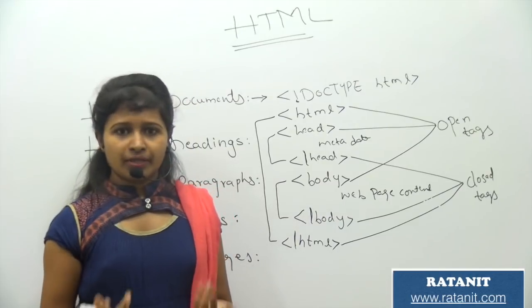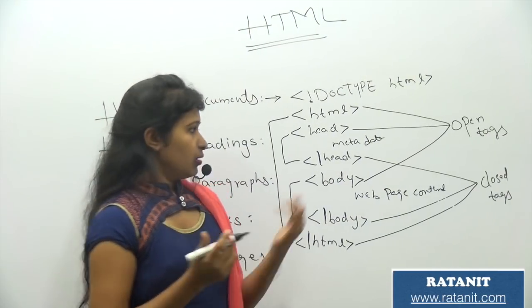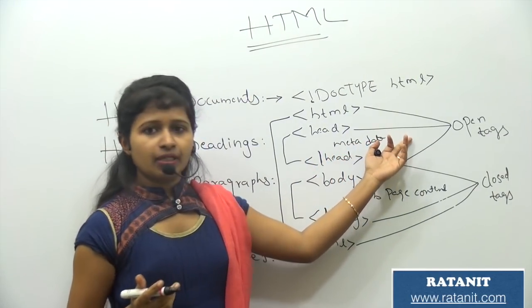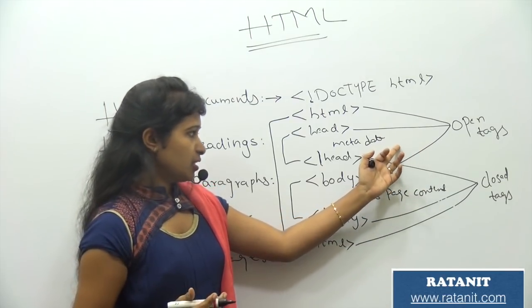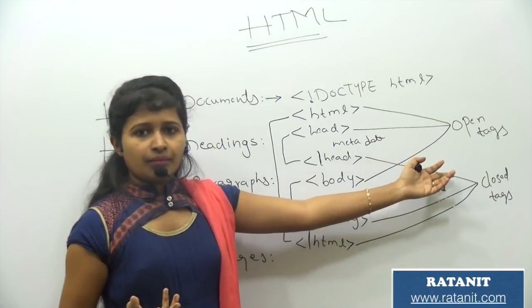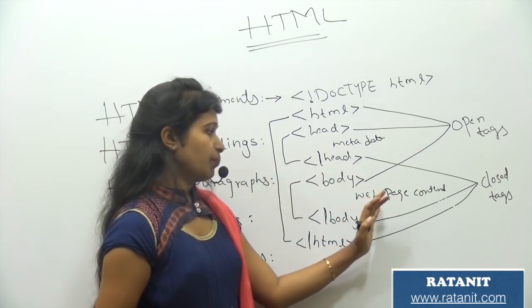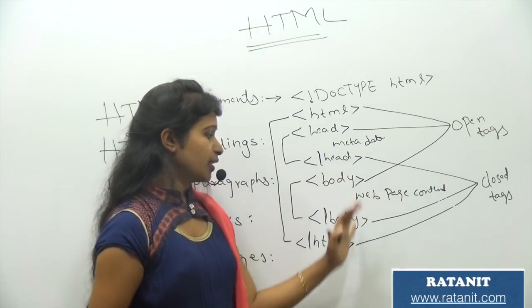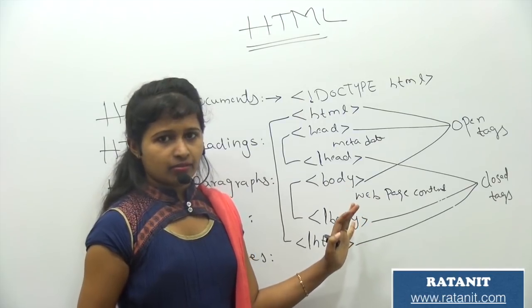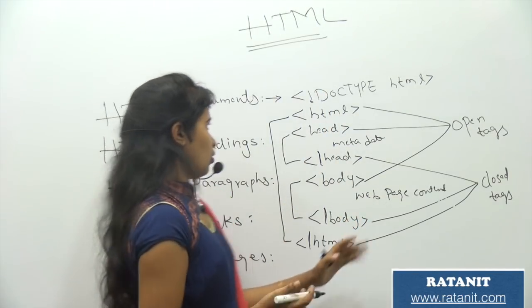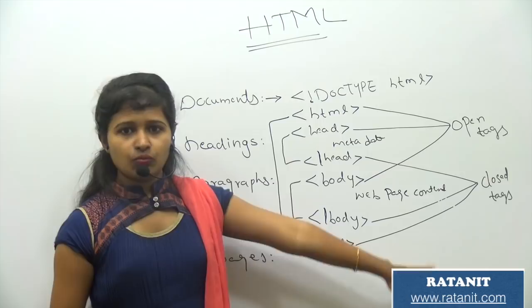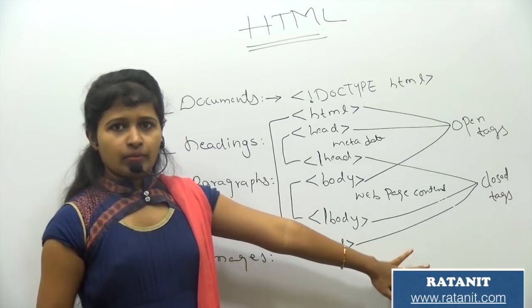Metadata might contain my scripting, either language, CSS style, or something else. My body section will completely display whatever you have written in between the body tags. This is the complete documentation. You clearly understood now what an HTML document is, right?